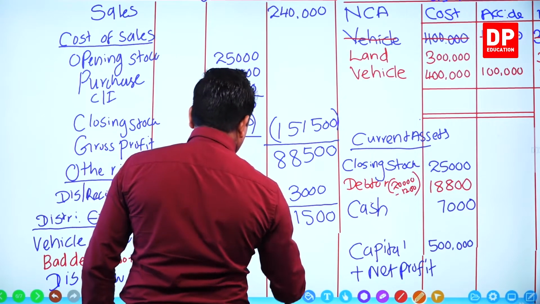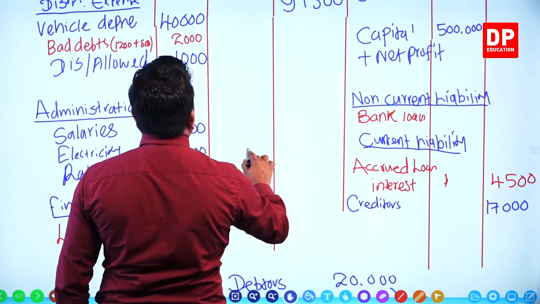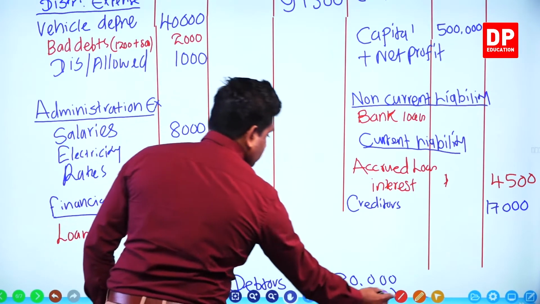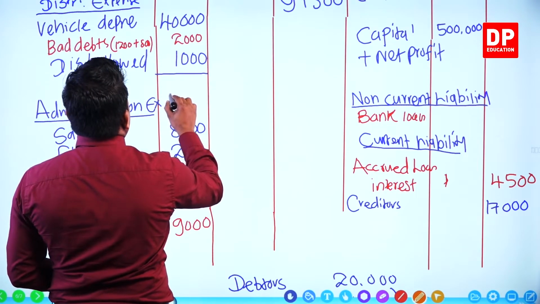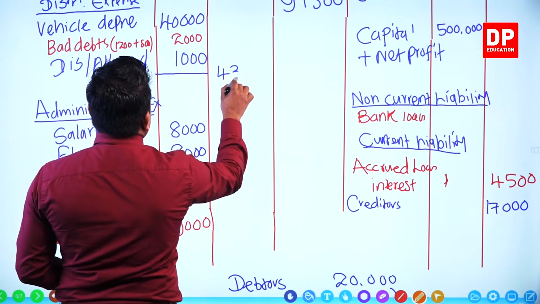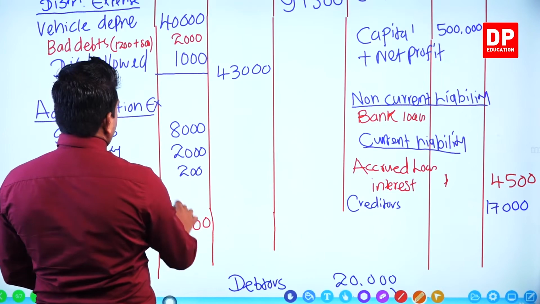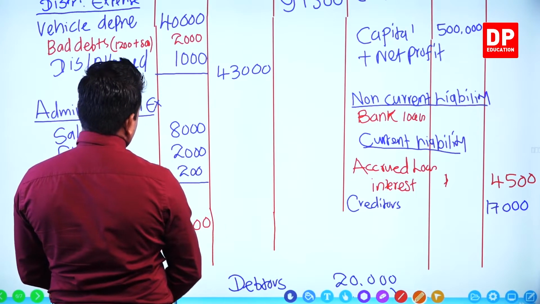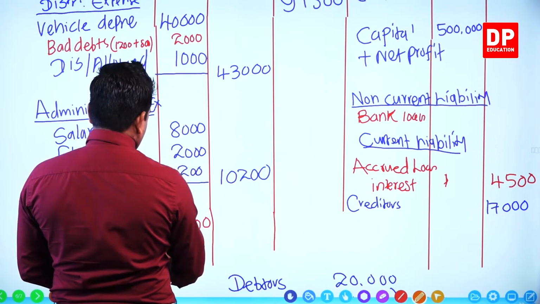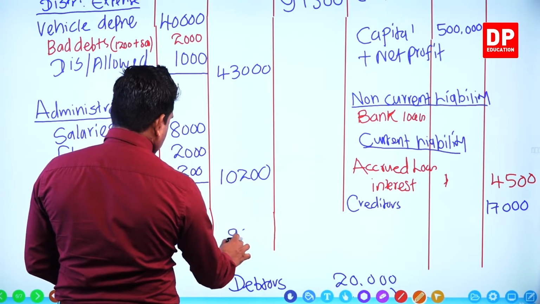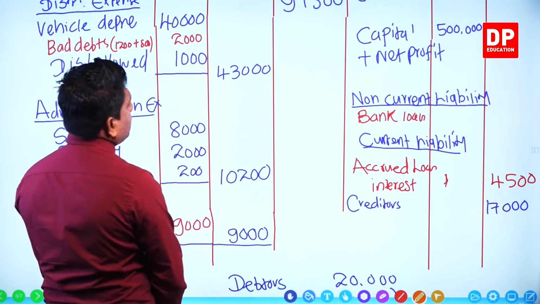Right, now we move to these details, right? Then $43,000. Here 10,200. Here 9,000. You add these all.